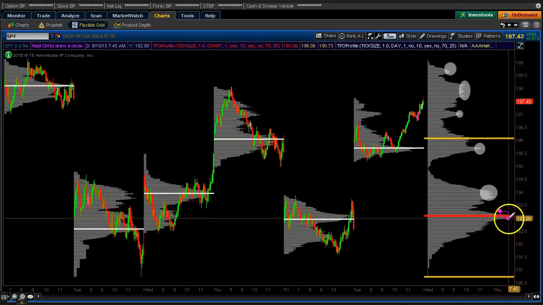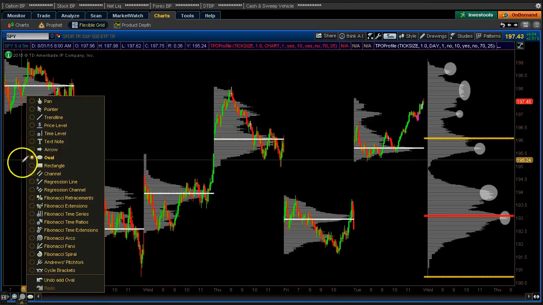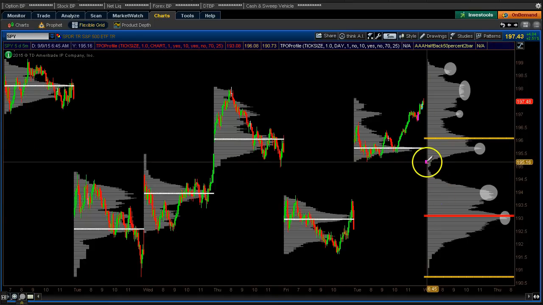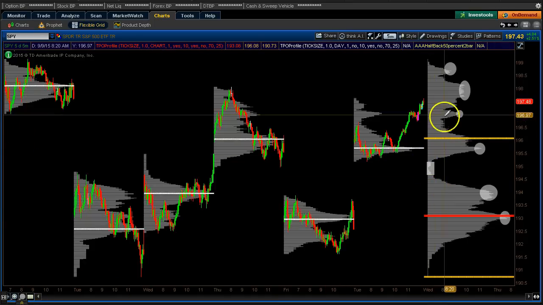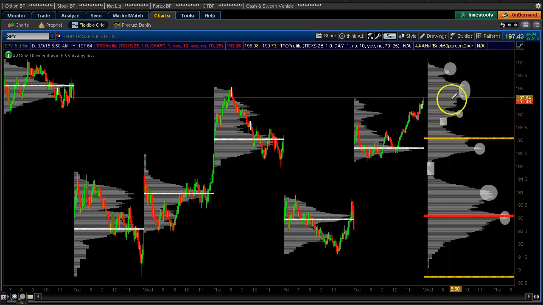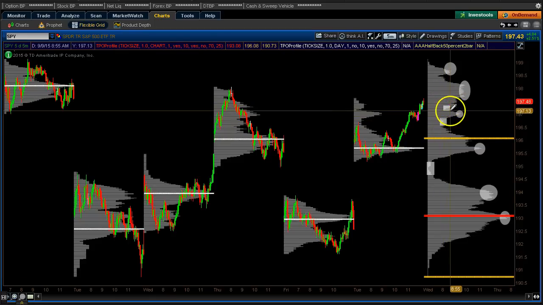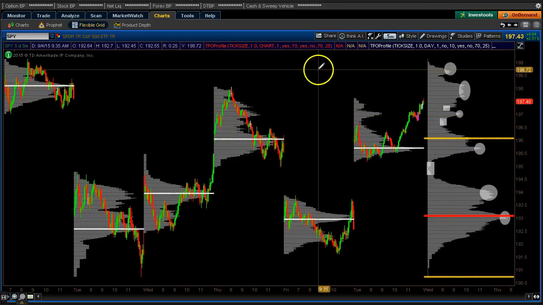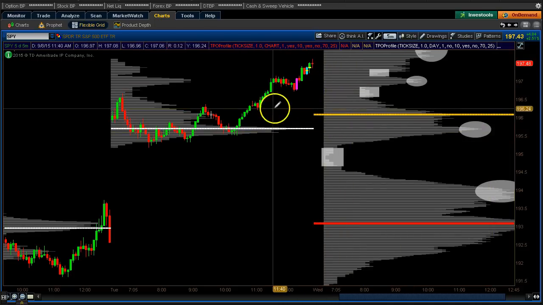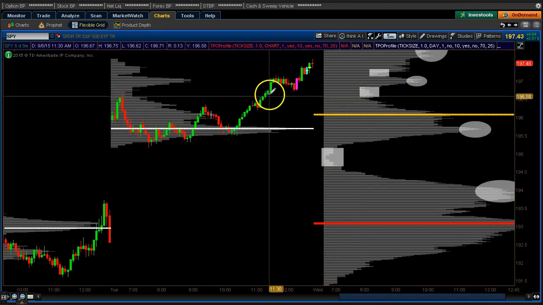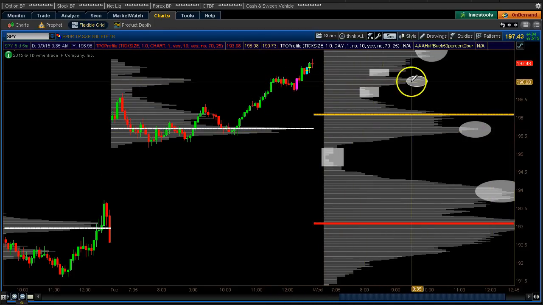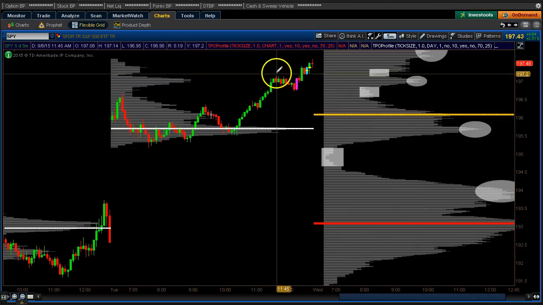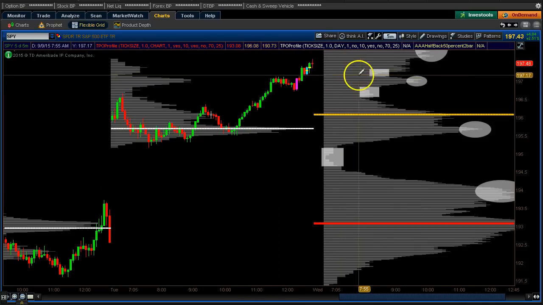And then what I'm going to do is I'm going to put a square at all the low volume nodes. Okay, so what happens is as you can see, and let's kind of zoom in, price just blew right through these low volume nodes, but then when it gets to the high volume node, it acted as resistance, right?